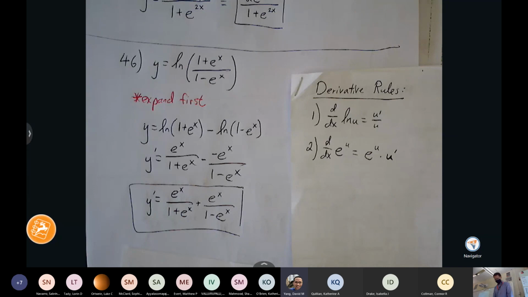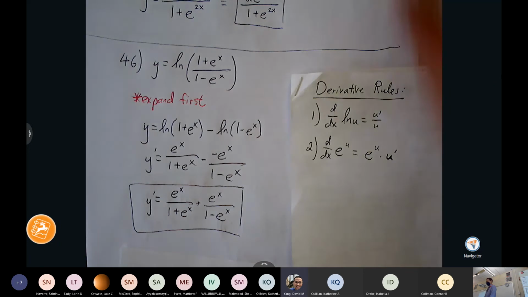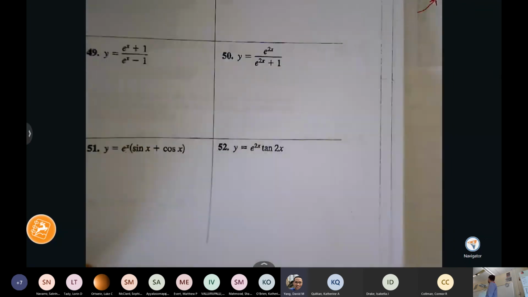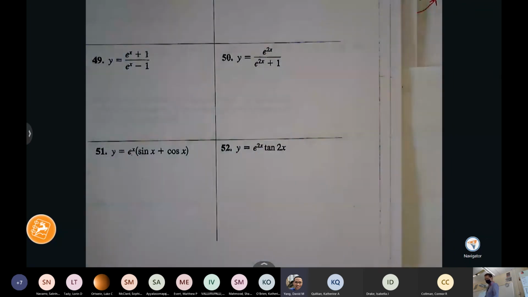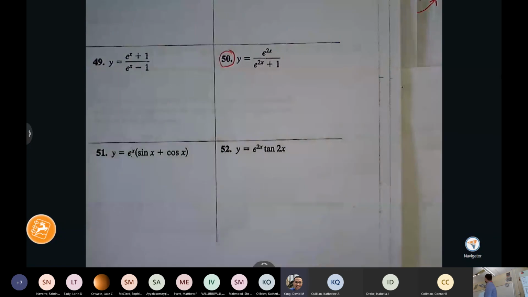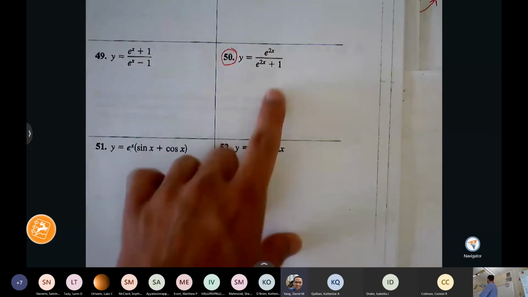Okay, next page, number 50. Now 50 is not part of a natural log expression. We can't expand it. Maybe we can go directly into a derivative rule.